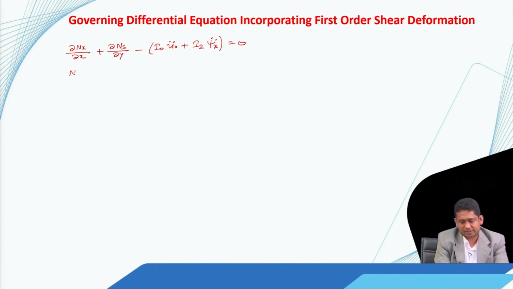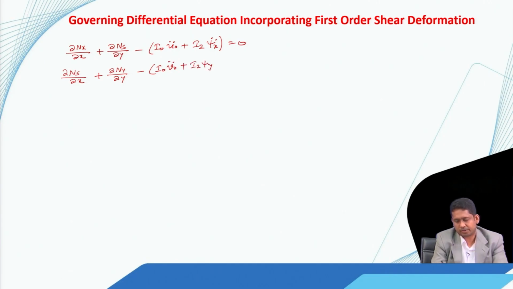The next equation along y direction is del n s by del x plus del n y by del y minus I 0 into v 0 double dot plus I 2 into psi y double dot. Same thing here, previously in the classical laminate theory it was minus I 2 into del 2 w double dot by del x del y. Here it is plus I 2 psi y double dot.